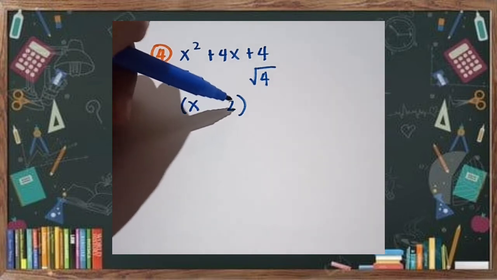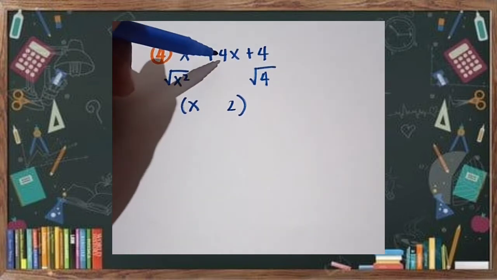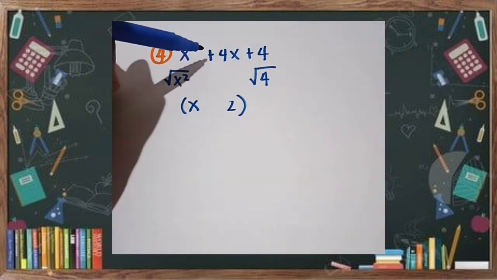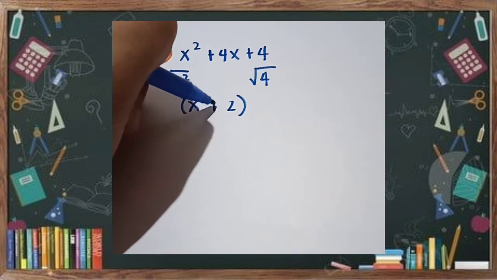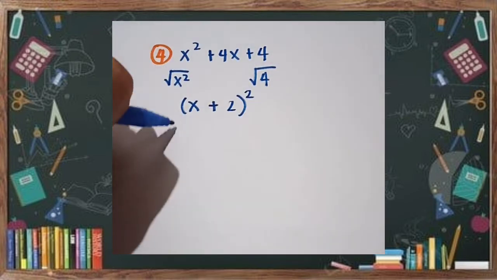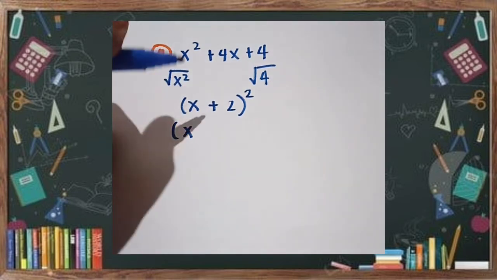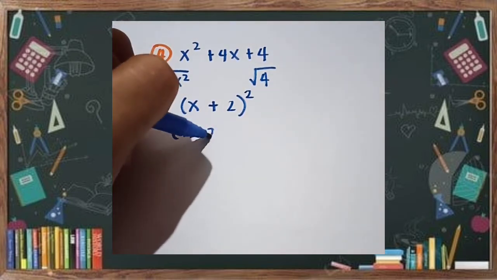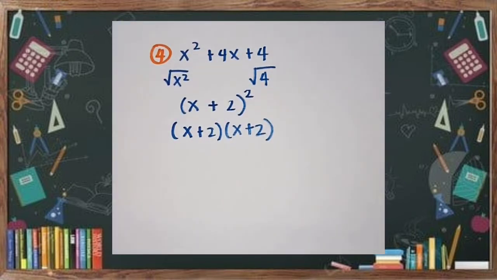Then, check natin, 2 times x is equals to 2x, times 2 ay equals to 4x. So, tama. So, since ito ay plus sign, plus din yung ilalagay natin. So, therefore, ang ating factors ng ating perfect square trinomial ay x plus 2 times x plus 2. Okay?